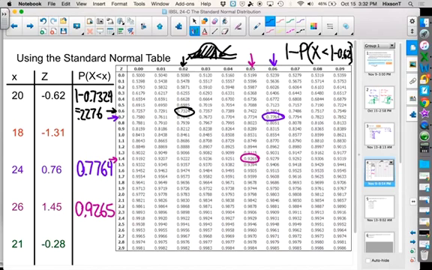So, negative 1.31, we go to 1.31, and we're going to do 1 minus the 0.9049. Okay, so we get 0.9951, or sorry, 0.0951. Okay, so pretty simple process.